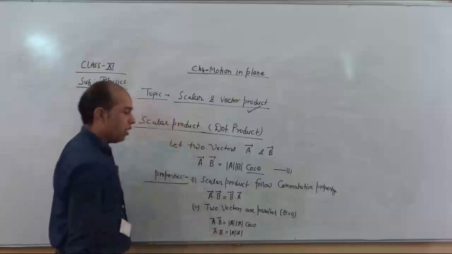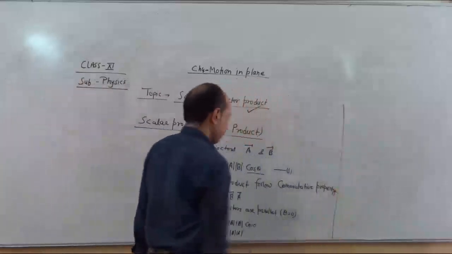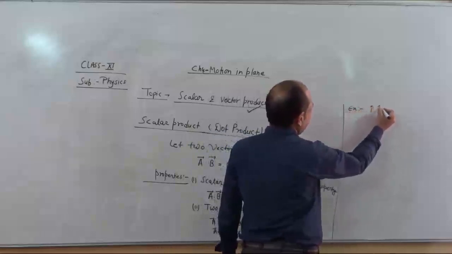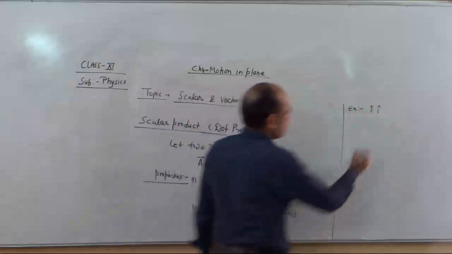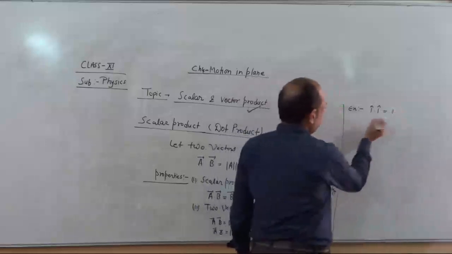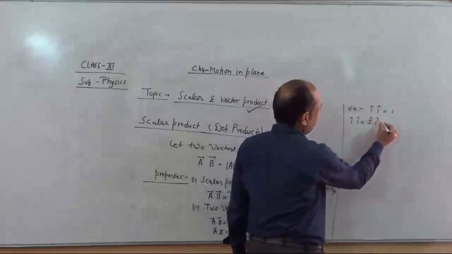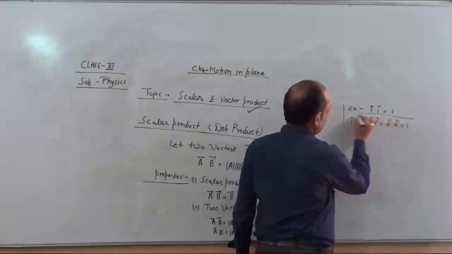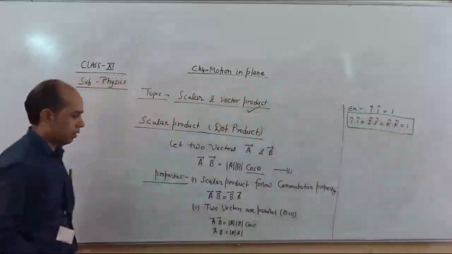So when we take two unit vectors, for example I dot I, A and B are the same, so this becomes I into I, that means 1. So either I dot I, J dot J or K dot K is always equal to 1. This is very important when we take the scalar product.